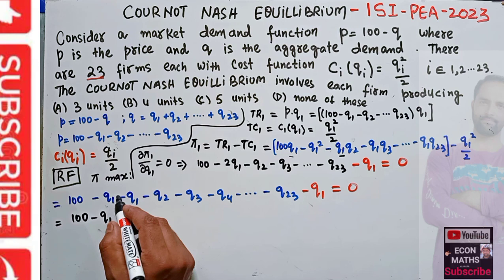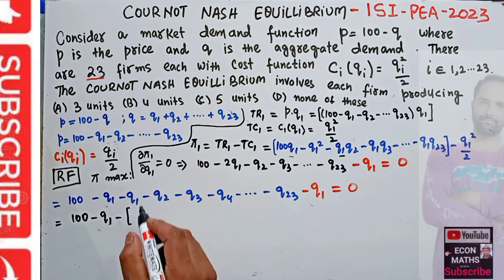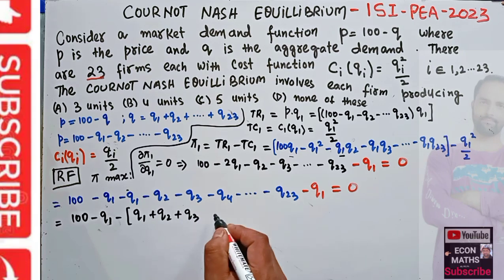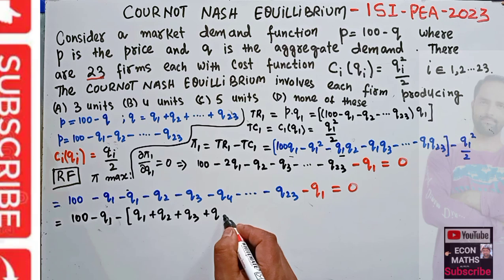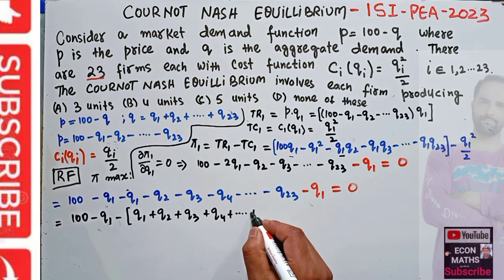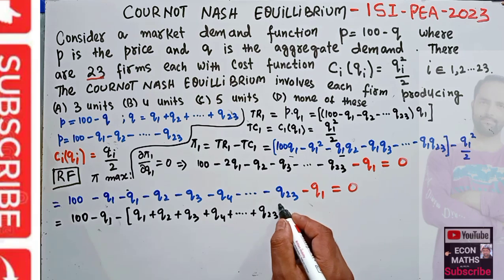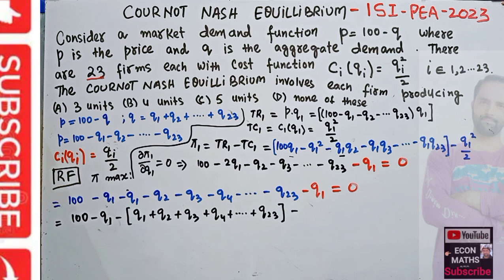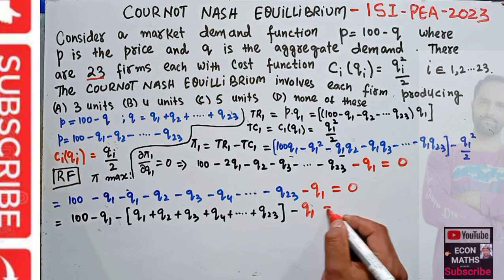Then I take a common minus from these, so I will get Q1 plus Q2 plus Q3 plus Q4, plus up to Q23, minus this Q1, is equal to 0.